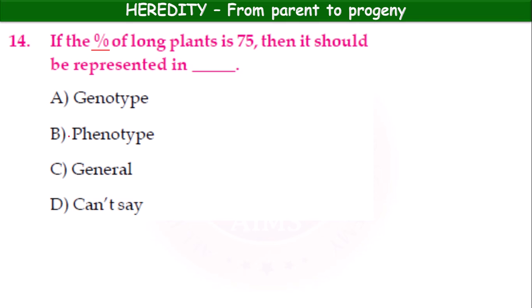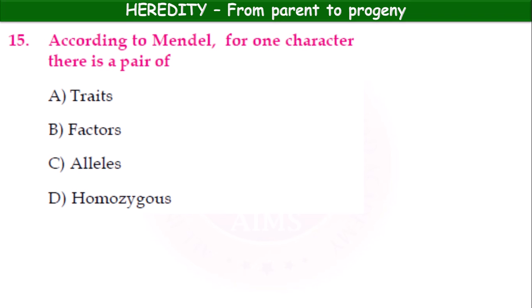So, this is the phenotypic by seeing the height, physical. According to Mendel, for one character there is a pair of factors, contrasting characters they are called. Option B.